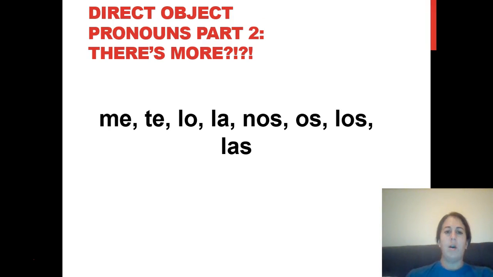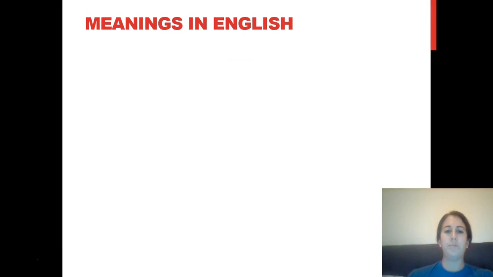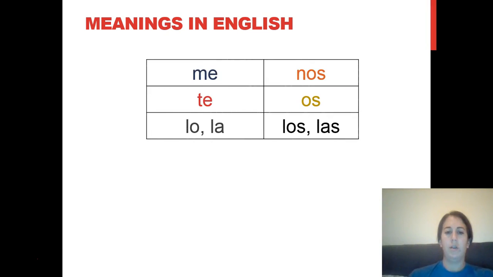Okay. There's more, ladies and gentlemen. Me, te, lo, la, nos, os, los, and las are all of your direct object pronouns together. So we're going to start in English. Okay, so this is your whole entire list of direct object pronouns. Me, te, lo, la, nos, os, los, and las. Okay?